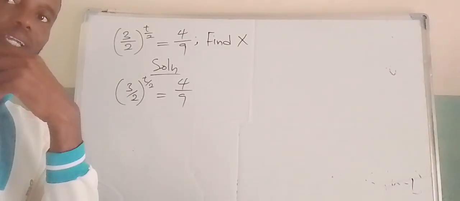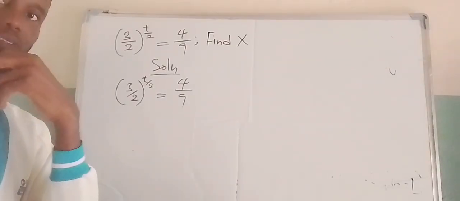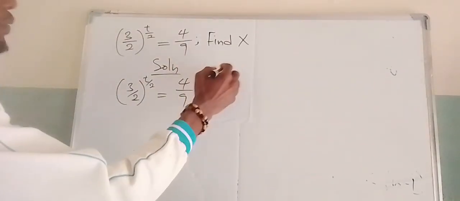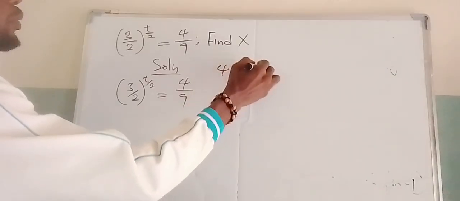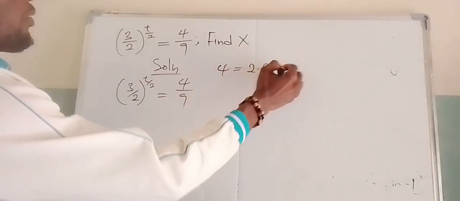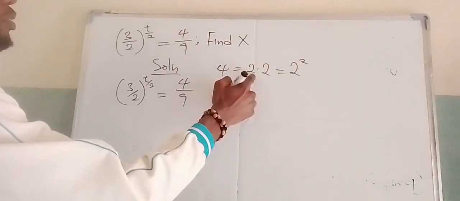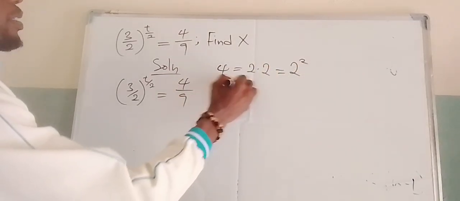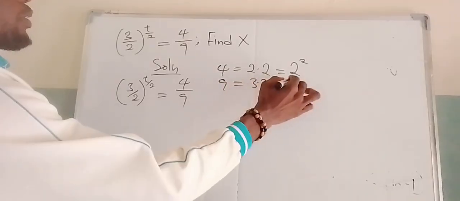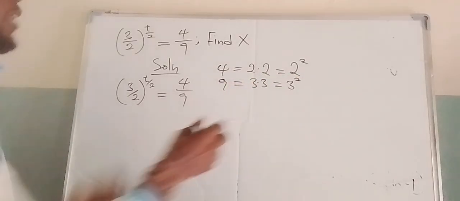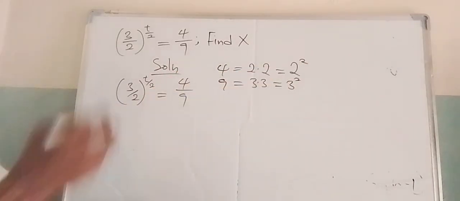That is to say, we can express them as powers of certain numbers. 4 is the same as 2 times 2, which is 2 squared. And 9 is the same as 3 times 3, which can be written as 3 squared.